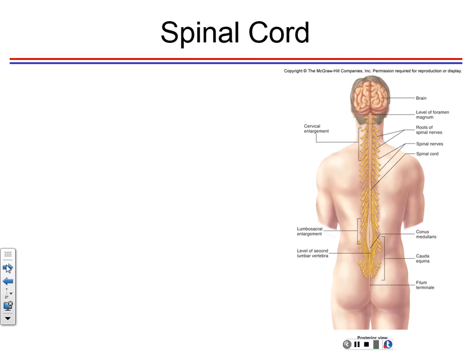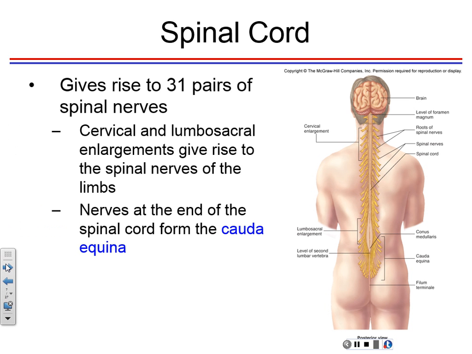In the diagram you can see the representation. You've got 31 spinal nerves coming out on each side. The lumbosacral enlargement, like we talked about at the bottom, gives rise to the nerves that control the lower limb. And then the cervical enlargement in the neck gives rise to the nerves that control the arm. And then, of course, the cauda equina that we talked about, which is the tapering end, looks like the horse's tail.